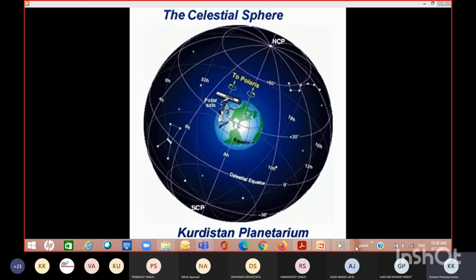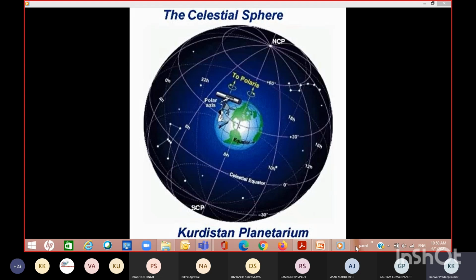And the northern celestial sphere matches with the northern hemisphere of the Earth. You can see some parallels of latitude are drawn, some meridians are drawn. Parallels of latitude and parallels of declination are similar. Meridians of longitude and the celestial meridians are similar.